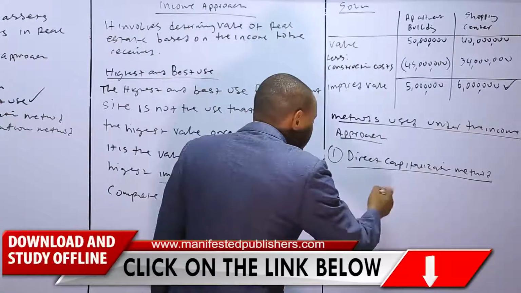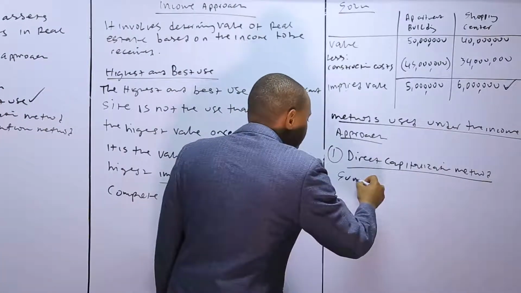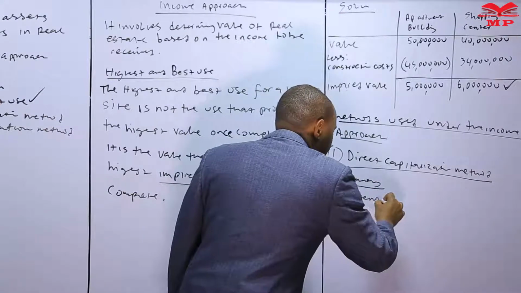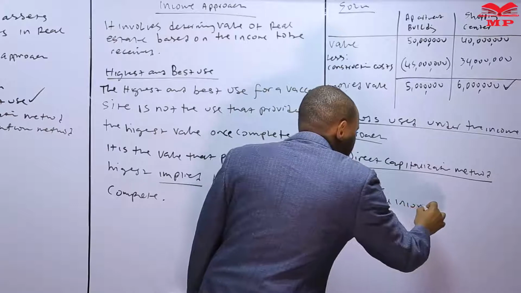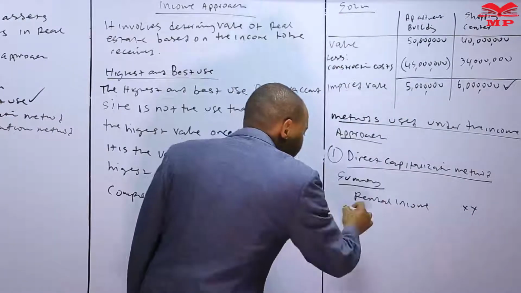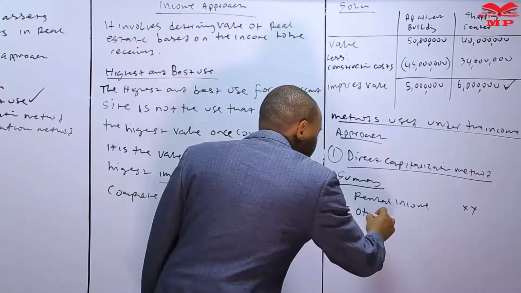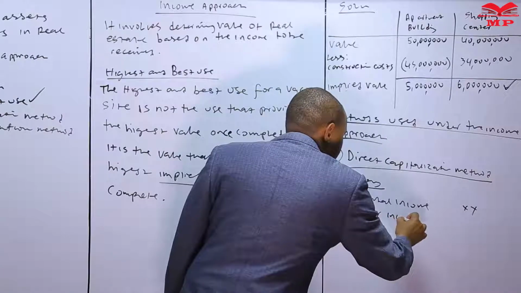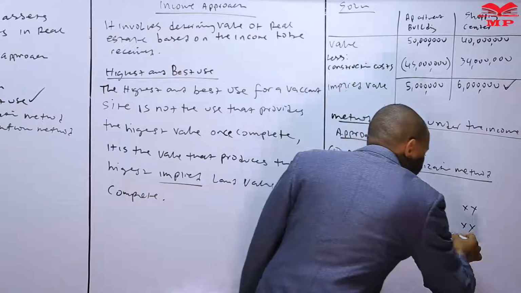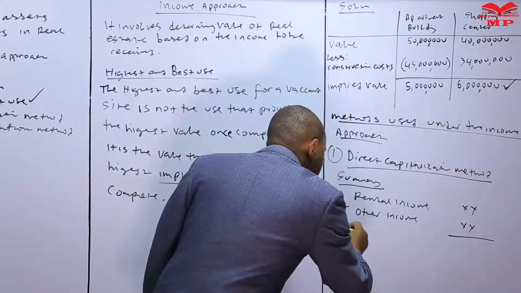So we have rental income there. Then we add other income there, and we get potential gross income.